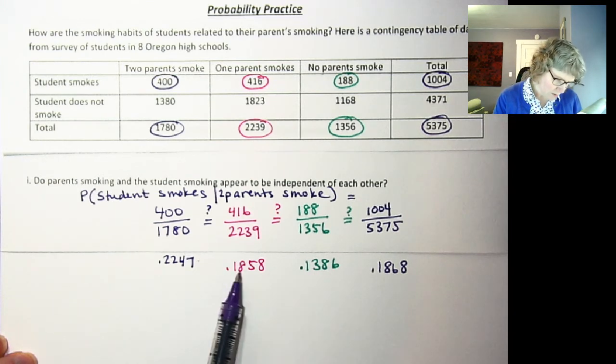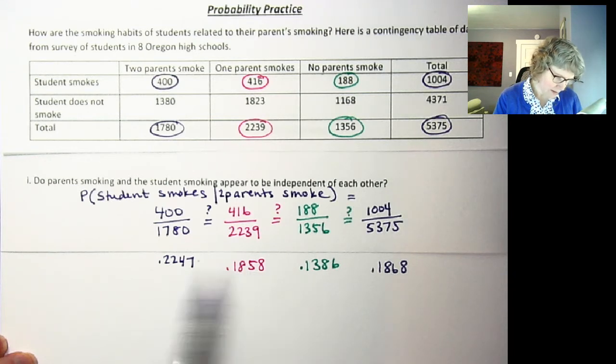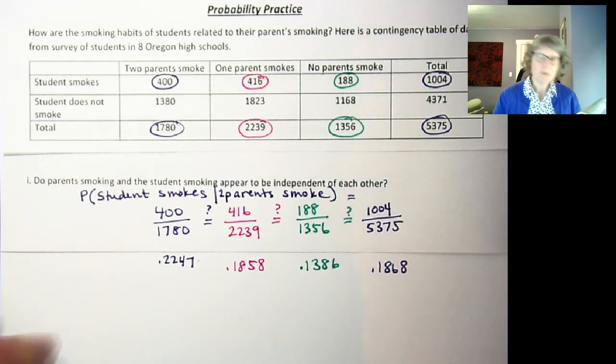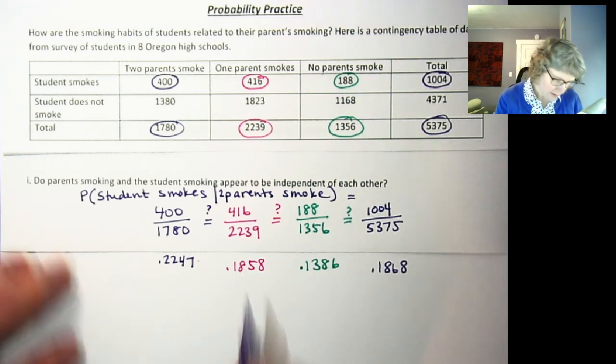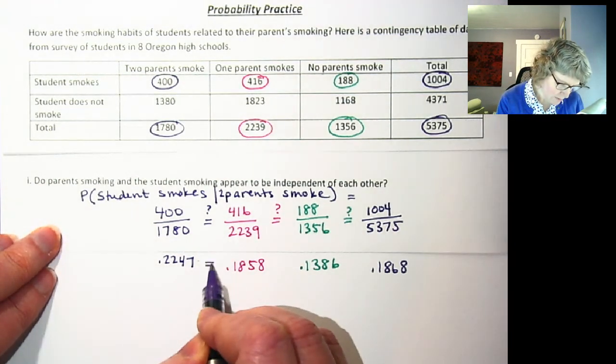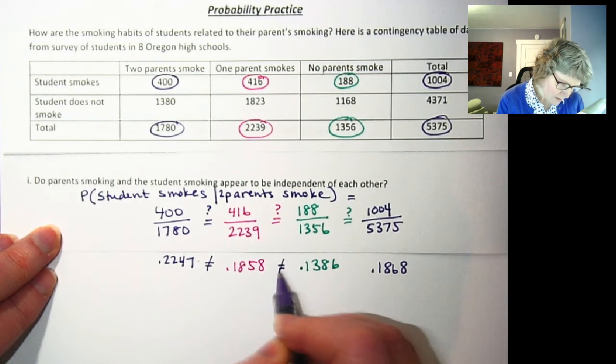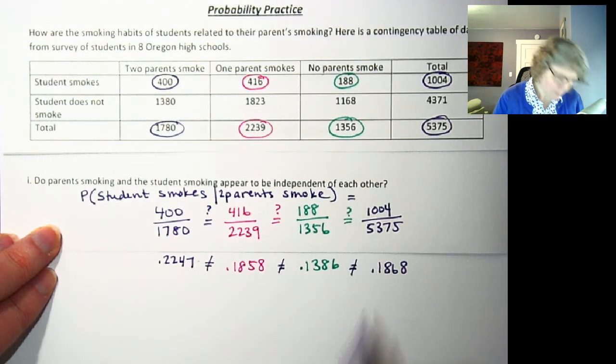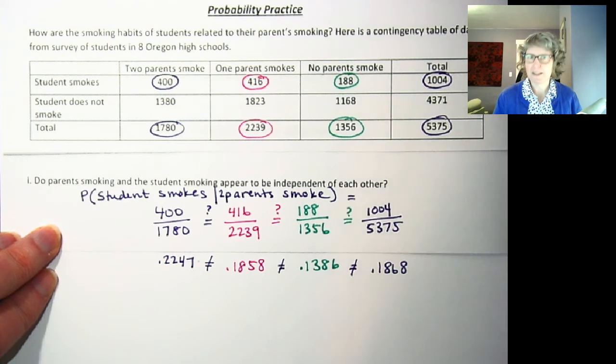And if one parent smokes, it's more than that, but it's less than if two parents smoke. There seems to be a clear pattern here, and I would go ahead and say these are different. So not equal. So different means dependent, and remember it's significantly different because we have data here that would vary from sample to sample, group to group.